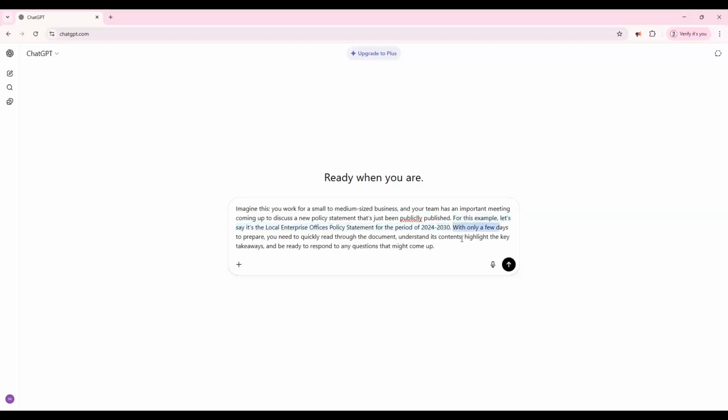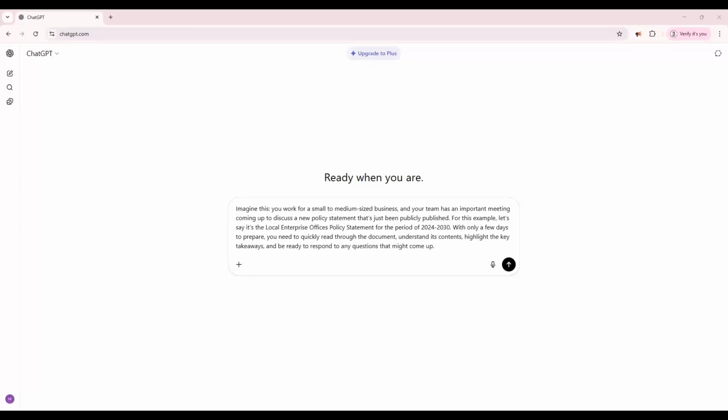With only a few days to prepare, you're going to need to quickly read through the document, understand its contents, highlight the key takeaways, and be ready to respond to any questions that might come up. So how can ChatGPT help speed up this process for you?